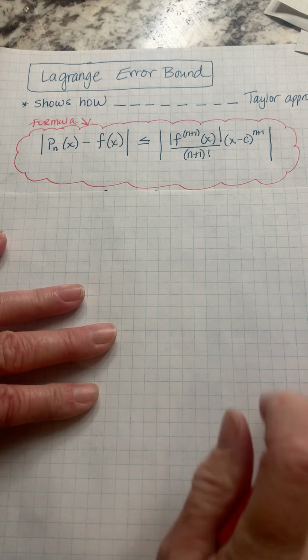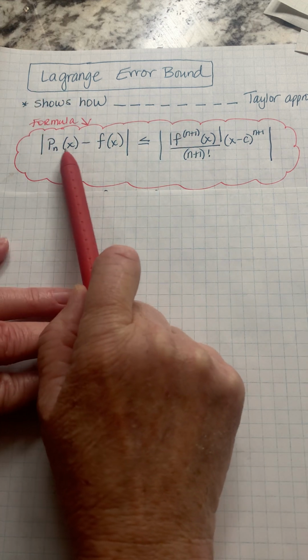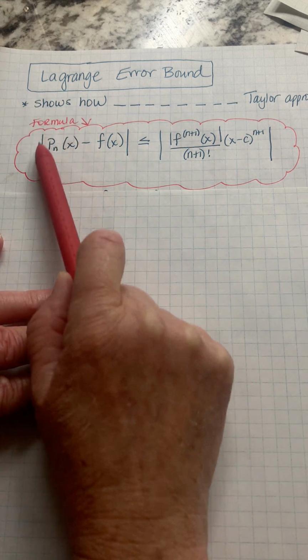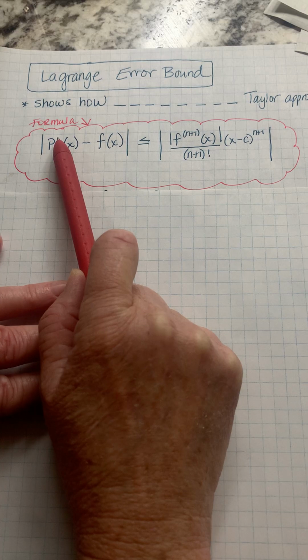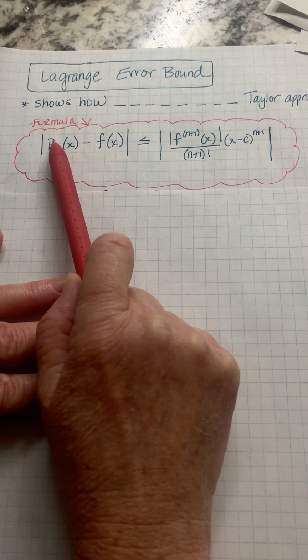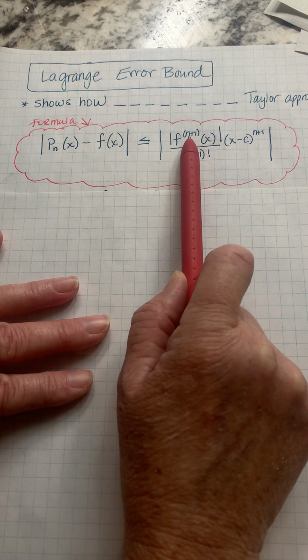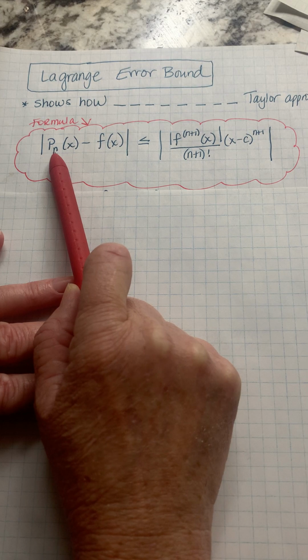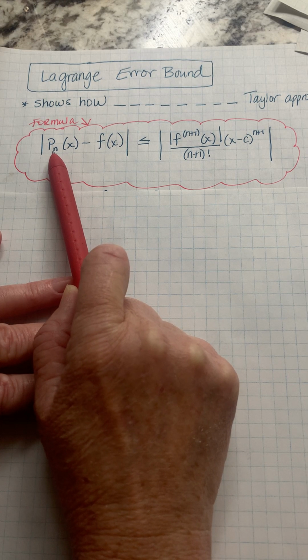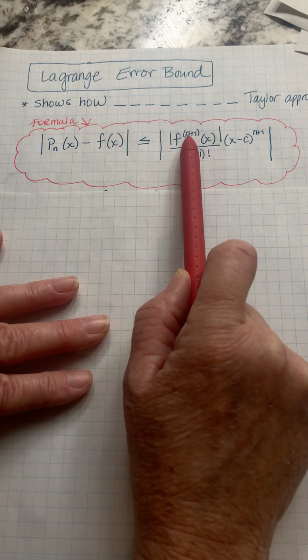So here's the main thing. If they are talking about the 4th degree polynomial, then when you look for the approximation, you bump it up 1. So this is a 4 for 4th degree, then this is going to be 4 plus 1.